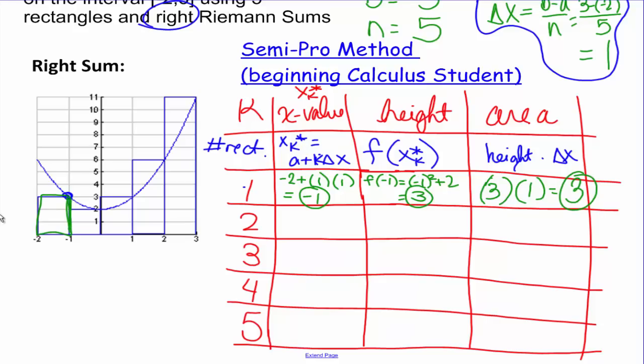So that's all well and good. The thing to notice is you're not multiplying this column and this column to get this column. You're multiplying the second column times delta x to get the third column. All right, go ahead and see if you can fill out the rest of the chart. If you're doing it right, you should end up with that 3, 2, 3, 6, 11 down the last column, just like we got when we counted.